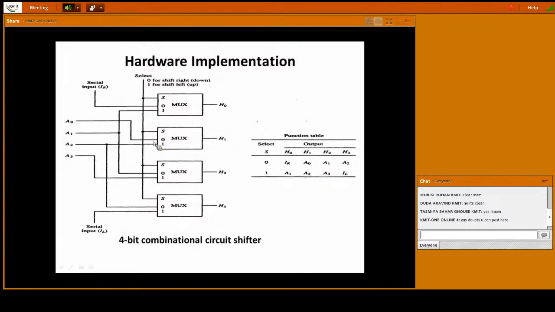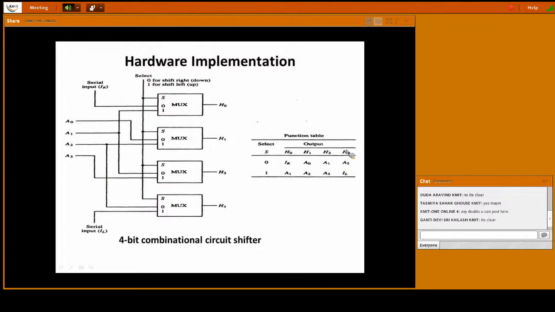Similarly, H2 is the output coming from the next multiplexer, so the two input lines to be given are A1 and A3.